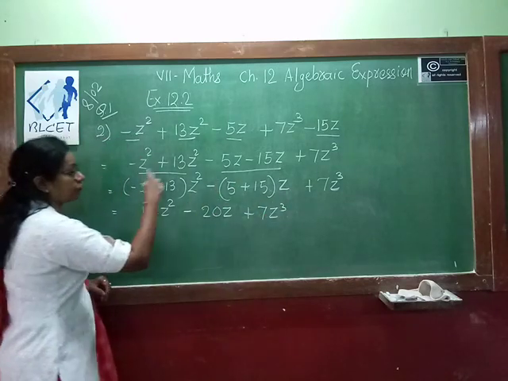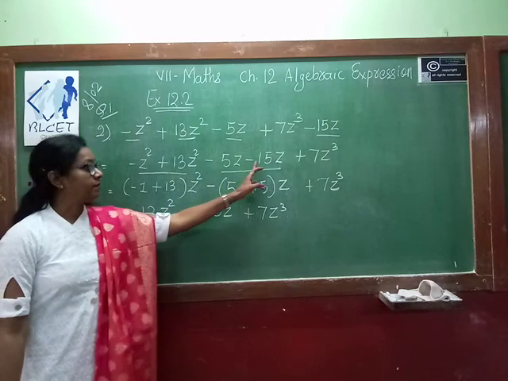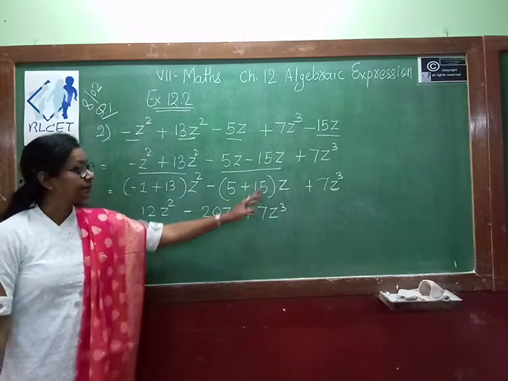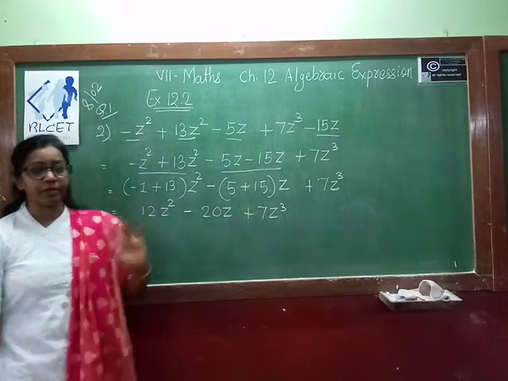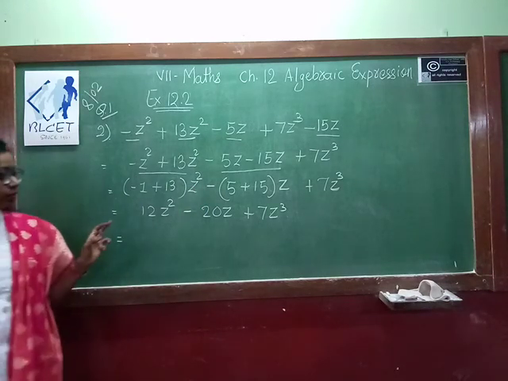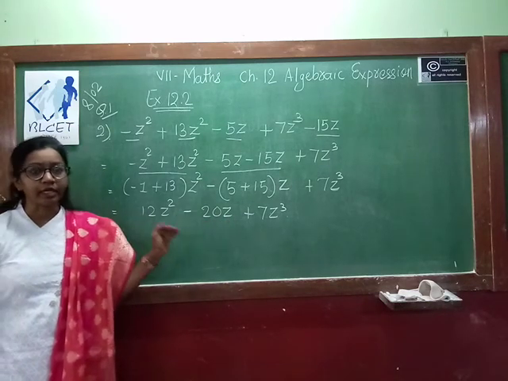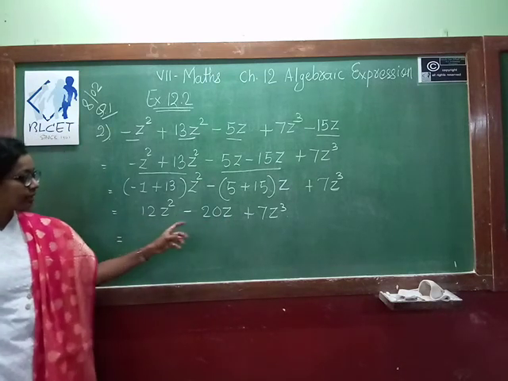So if you directly do 13 minus 1, it is 12z square, minus 5 minus 15, that is minus 20z, and plus 7z cube remains as it is. Now in algebraic expressions there is one rule: you have to write the expression in decreasing order. So you have to consider the power.